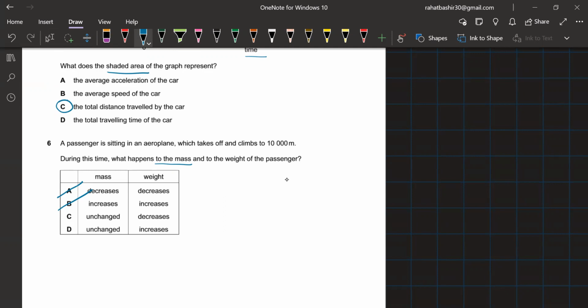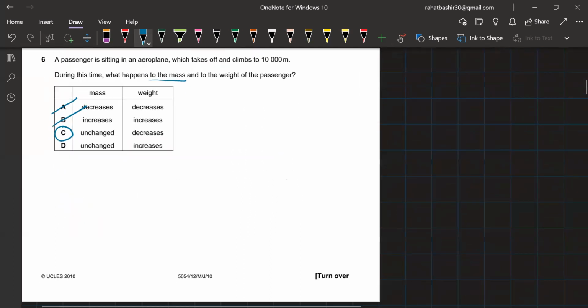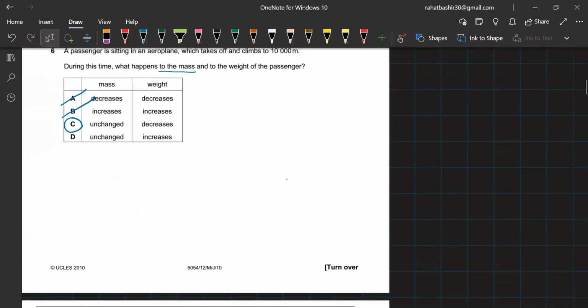So it will decrease because weight is the product of mass multiplied by gravitational field strength. So when it is on the earth, the gravitational field strength is equivalent to 9.81, but when on the moon it is equal to 1.6, so it decreases.